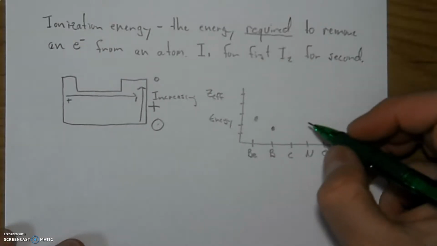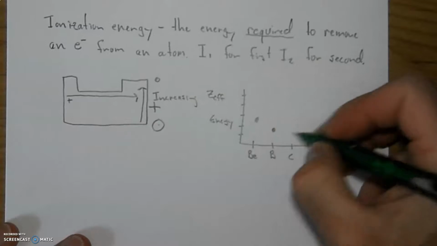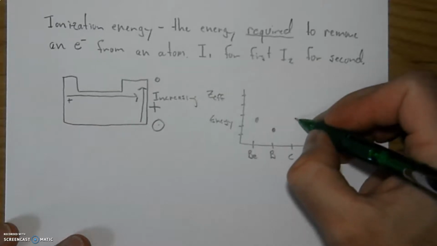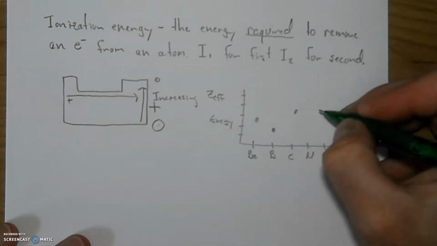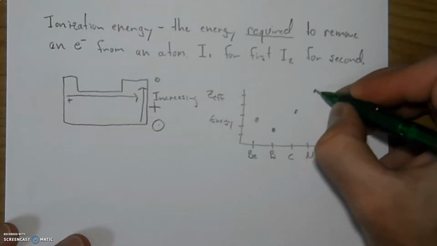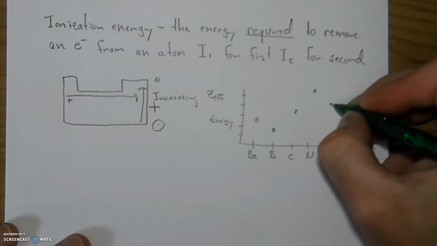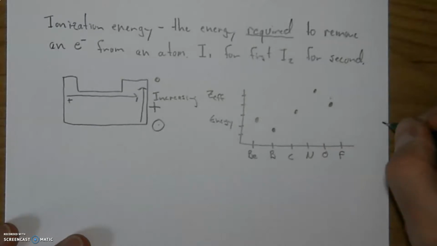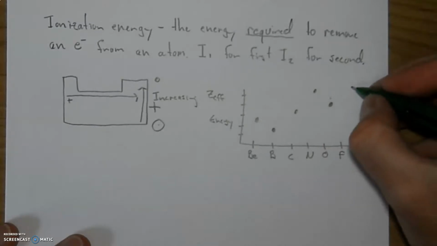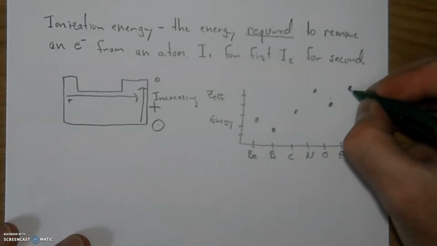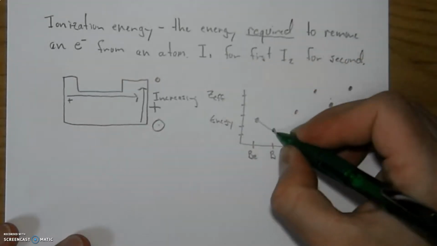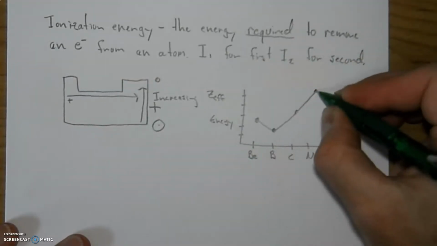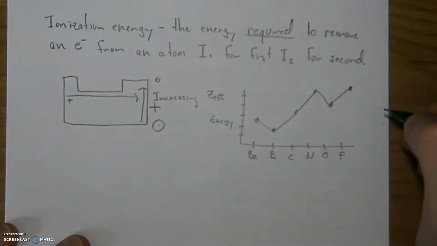We'll talk more in just a moment. And then we kind of see the trend go the way we expect it should. Carbon goes up, nitrogen goes up, but oxygen falls. It goes down for oxygen. And then looking at fluorine, the trend goes back to the way it should be. So I kind of draw these out, connect the dots. This is what we see.